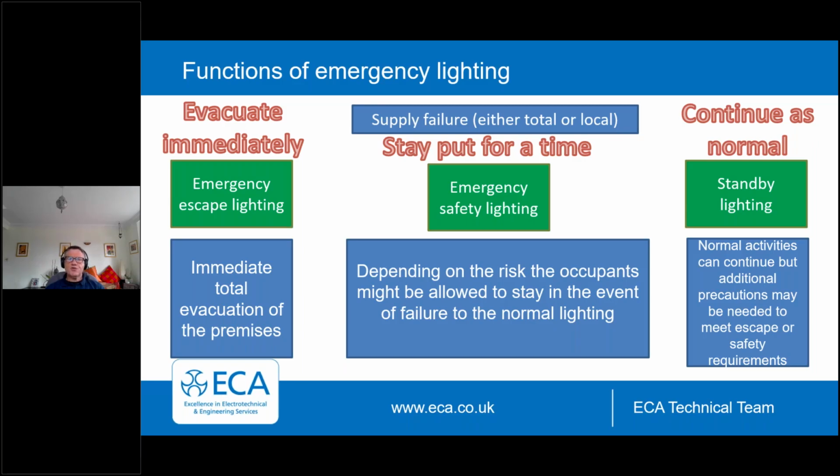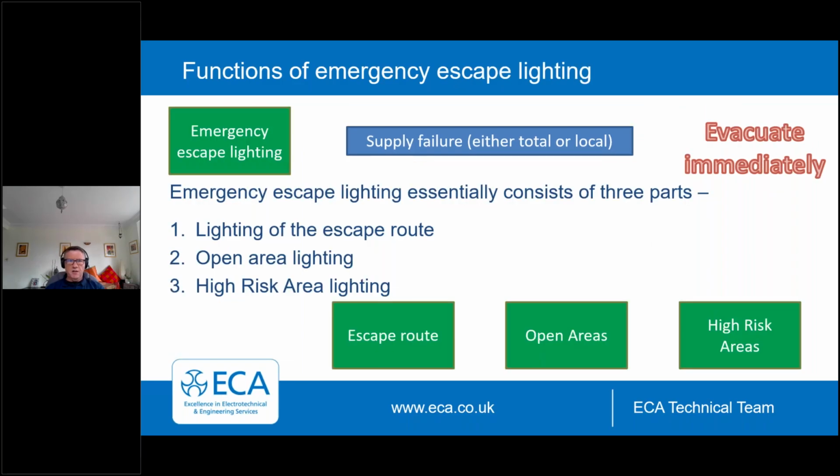But with regard to emergency lighting, it's not just the escape routes. Emergency lighting or emergency escape lighting consists of a few different parts. Obviously, there is the escape route, the main concourse, as it were, from A to B that leads us to a point of safety.